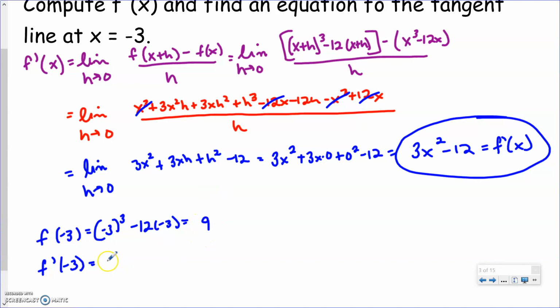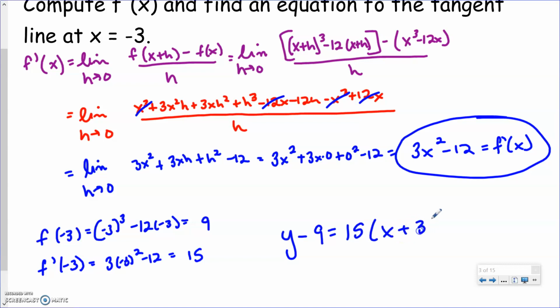And f prime of negative 3 is 3 times negative 3 squared minus 12. When I simplify all that, I get 15. So the equation of the tangent line is y minus 9 equals 15 times x plus 3.